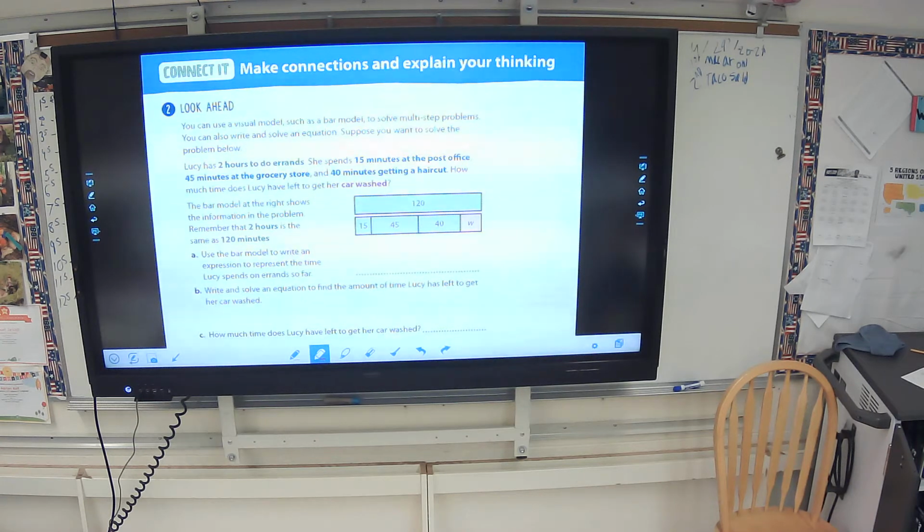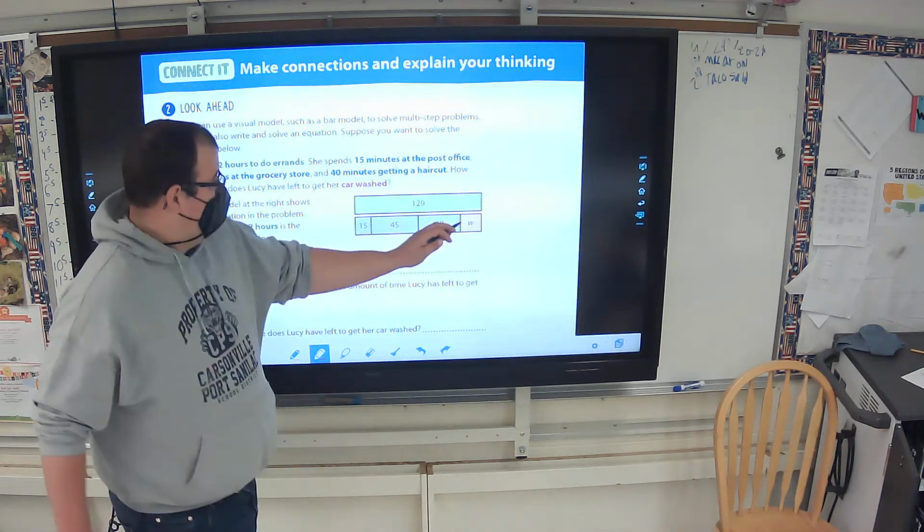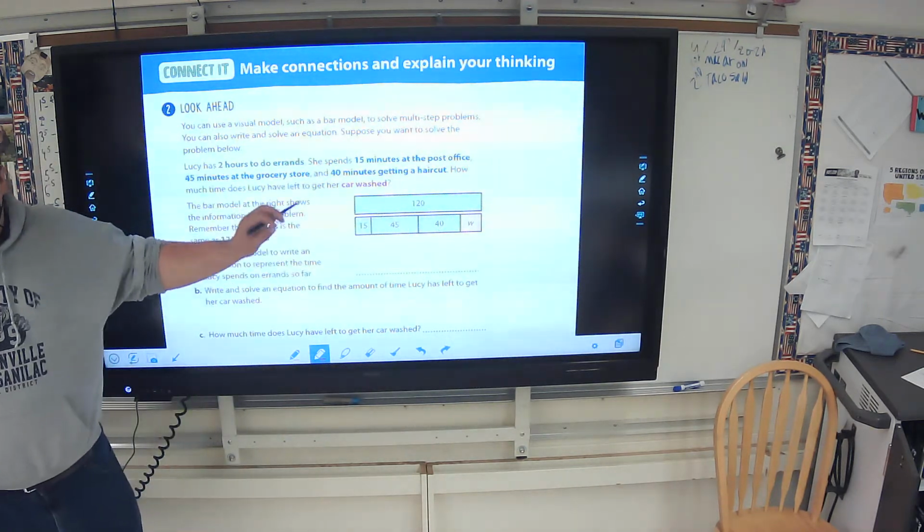So she has 120 minutes to do all these things, right? She spends 15 at the post office. She spends 45 at the grocery store. And she spends 40 getting her hair cut. We've got to figure out how much time she has left to get her car washed. So we know the whole picture is 120, right?